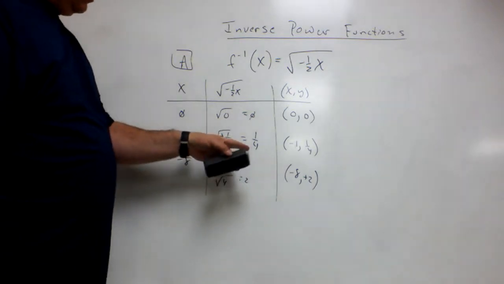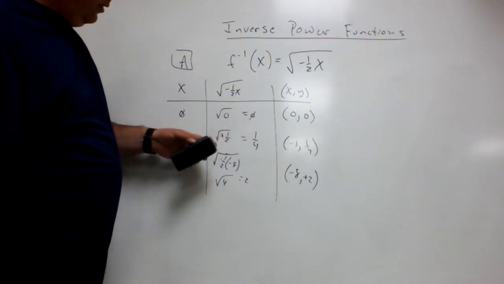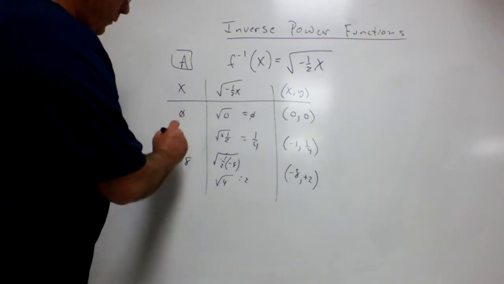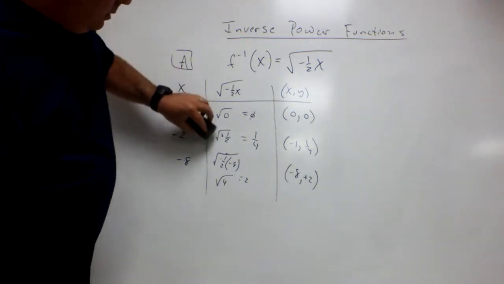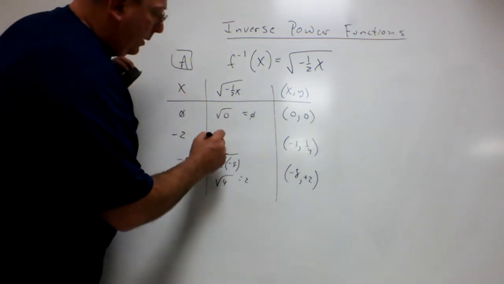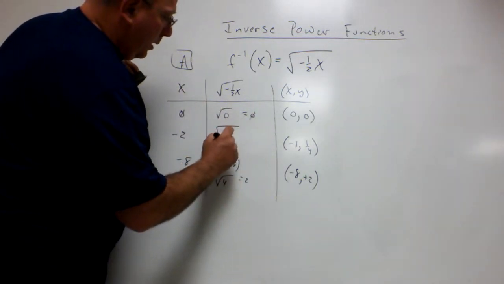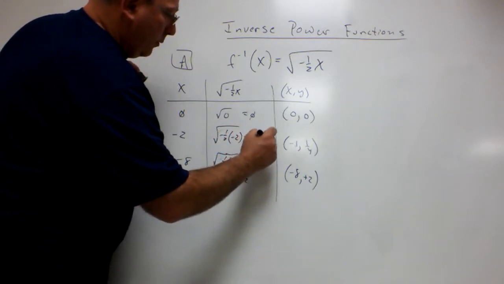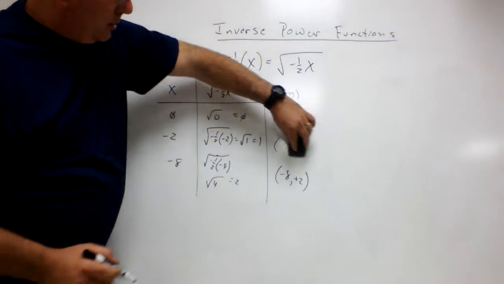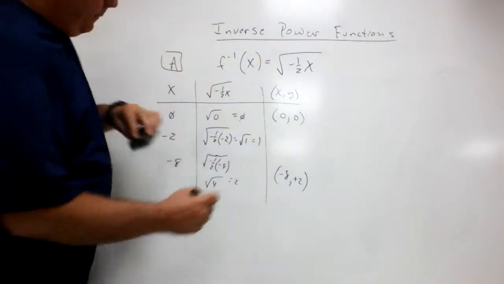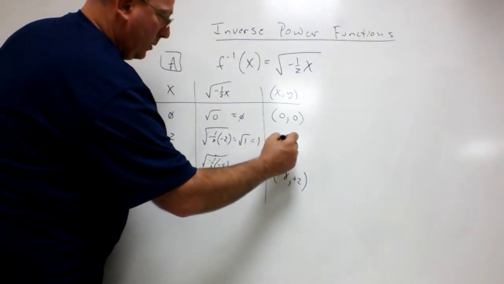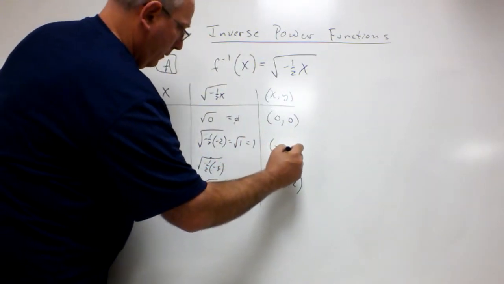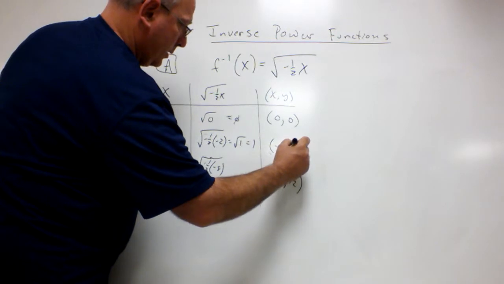So wouldn't it have been smarter in this part to have used a 2? So instead of -1, if we had used -2, we would have gotten the square root of -1/2 times -2, which is the square root of 1, which is 1. So I think it's better that we use smarter numbers. -2 and positive 1 came out of it.